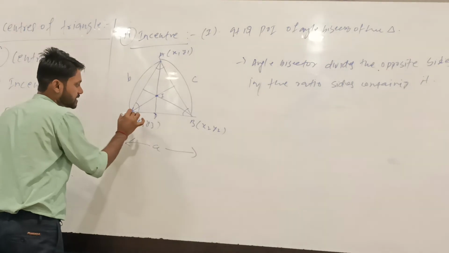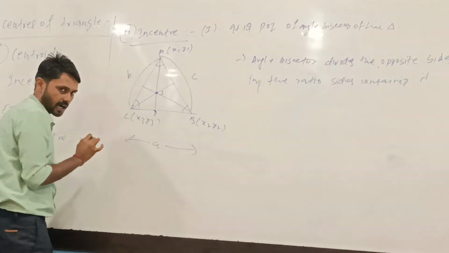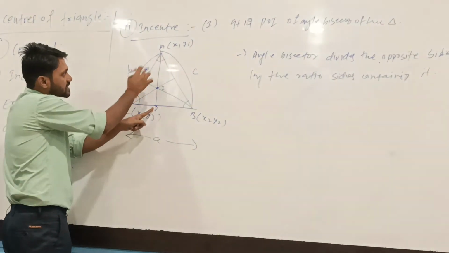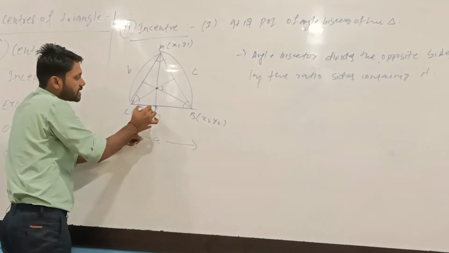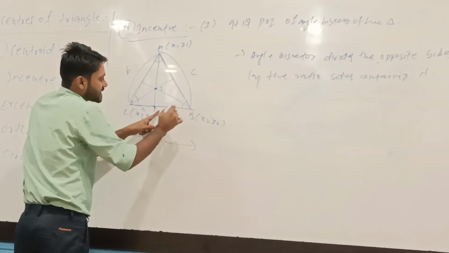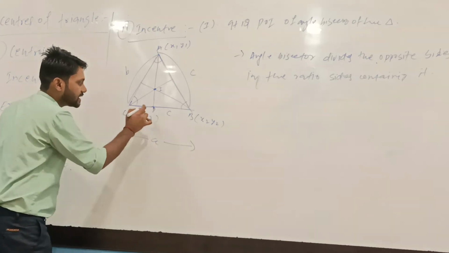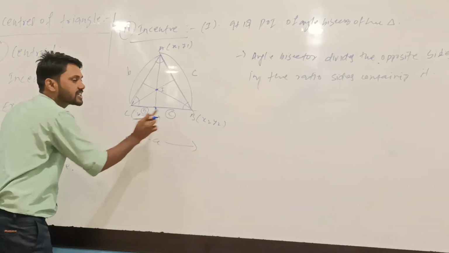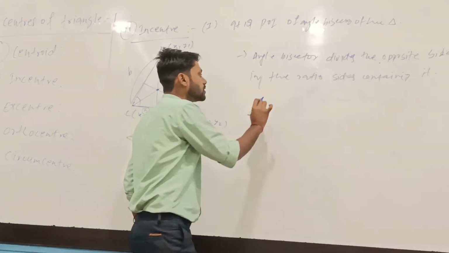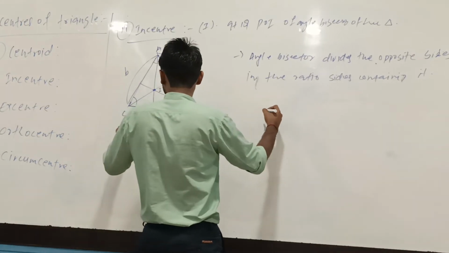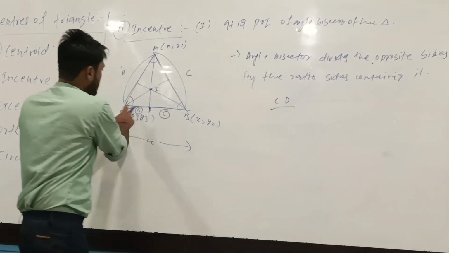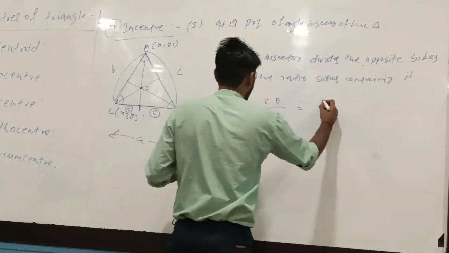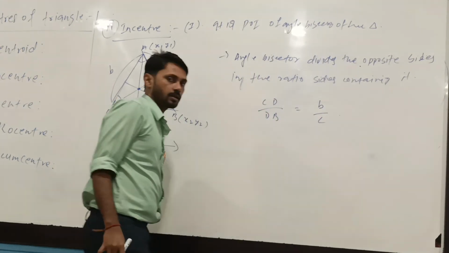If the angle bisector is taken from here to here and it is dividing line CB, this side is b and this side is c. So D is dividing CB in the ratio b is to c. So you can write CD upon DB equals b is to c. Understood?